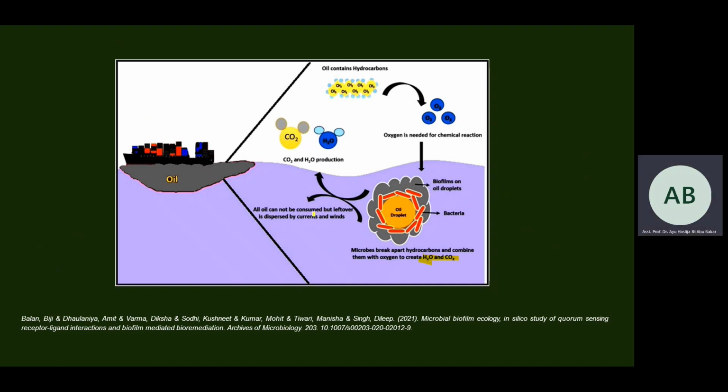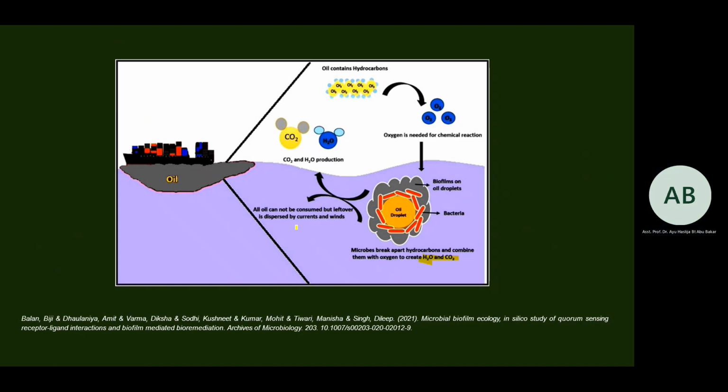All oil cannot be consumed, but leftover is dispersed by currents and the winds. Okay, so because perhaps there is not enough bacteria to consume all the oil spill, so the leftover will be dispersed by the current and wind. There are also aquatic life that can consume oil spill, the hydrocarbon.